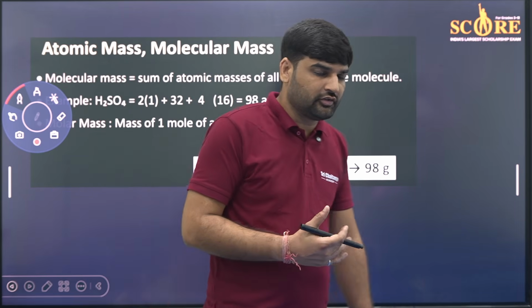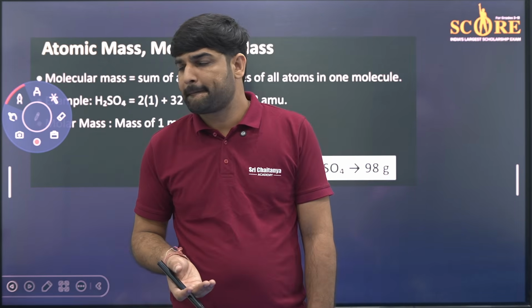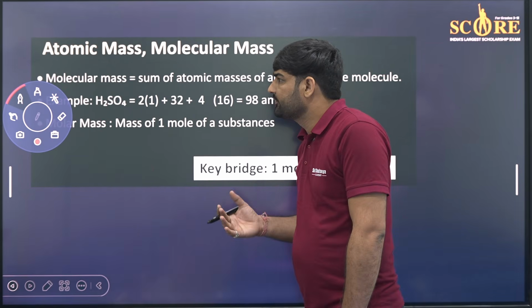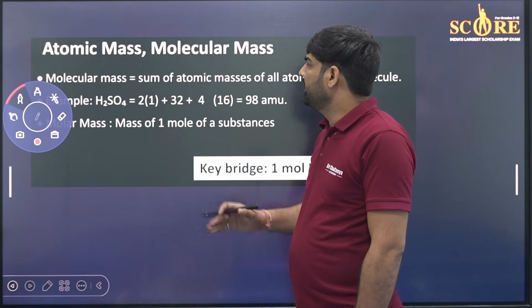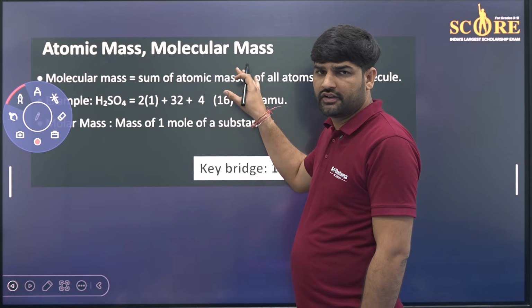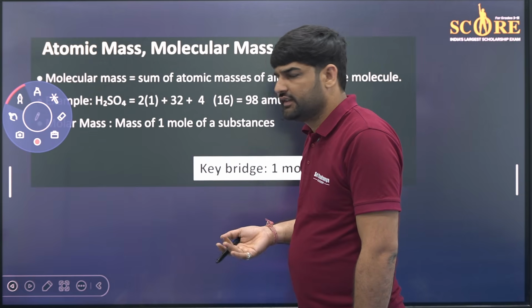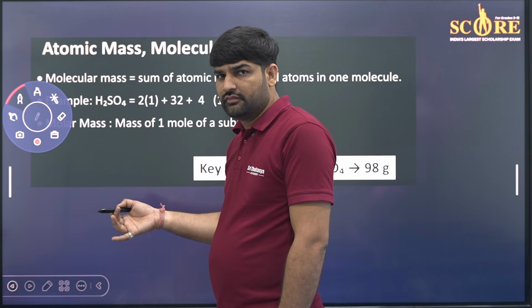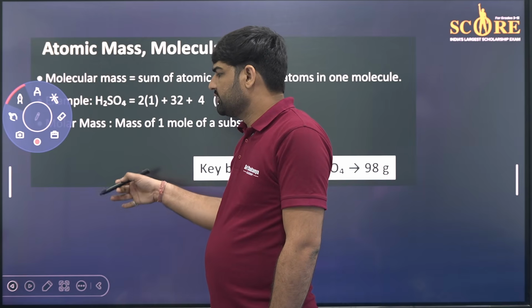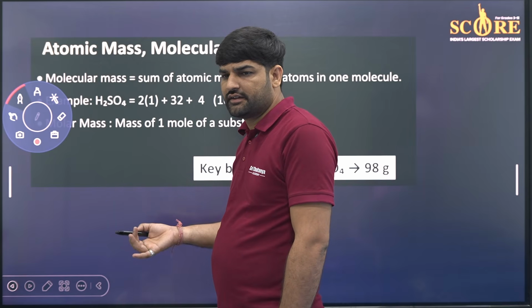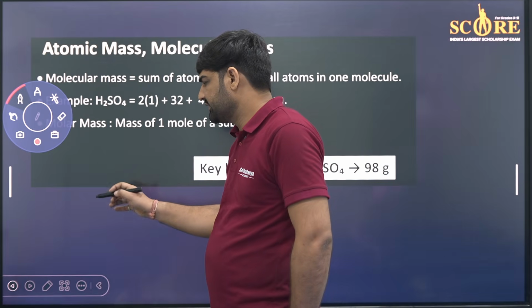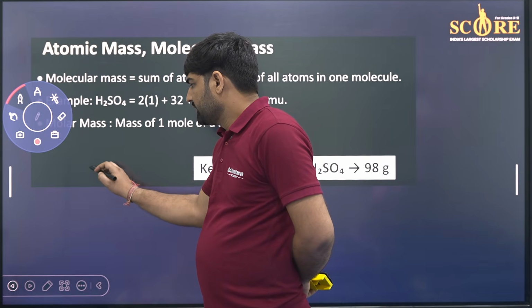So what is atomic mass and molecular mass? Atomic mass means the mass of an atom, and molecular mass is the mass of a molecule. Before this, I want to tell something about the atom and the neutron, proton, electron, and what the mass of these particles is.